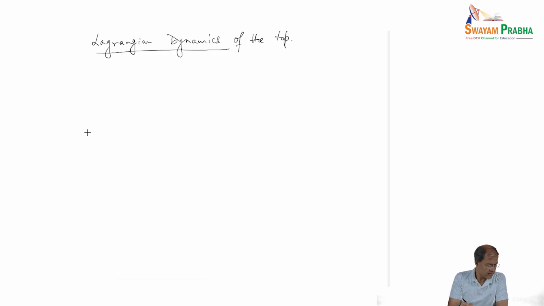To study the Lagrangian dynamics, we have to look at the motion in the Euler angle set. So we look at the Euler angles now. So now we have to precisely define what these three Euler angles are: theta, phi, and psi.